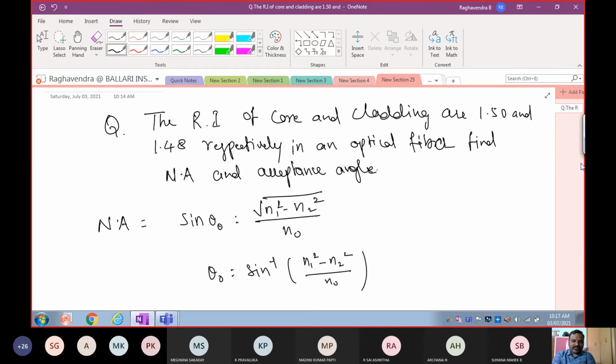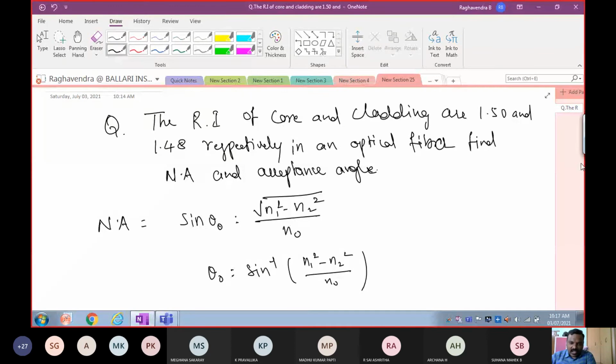Is the given data sufficient for the calculation? Sir, n naught. Yes, he has not given n naught. If he has not given n naught in the problem, just assume that the optical fiber is kept in the air.